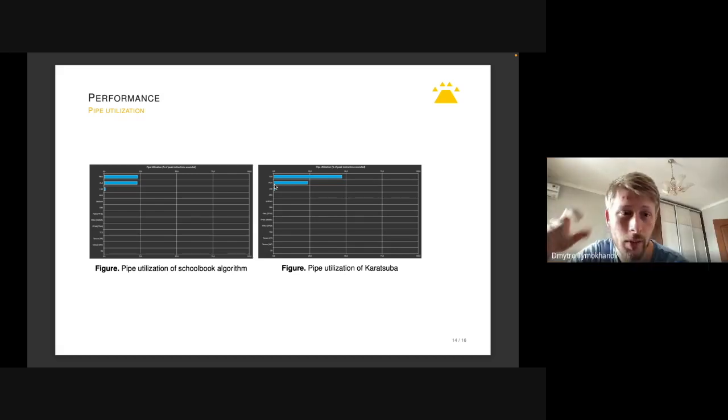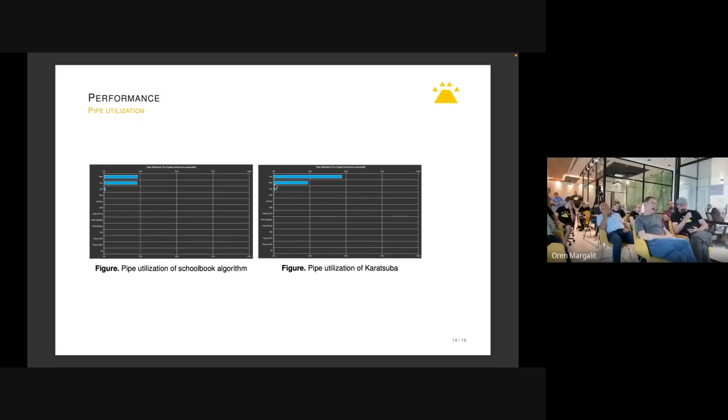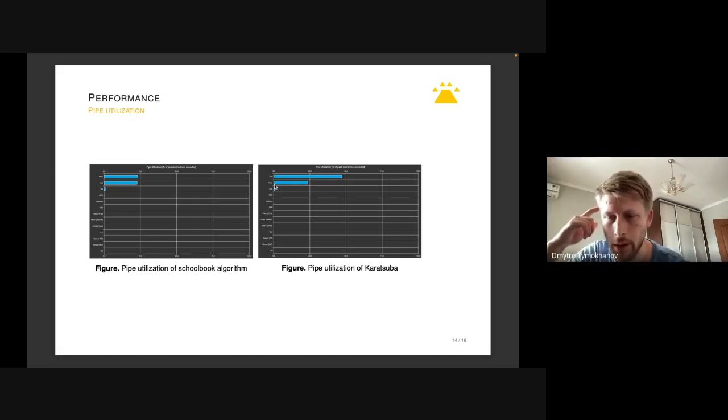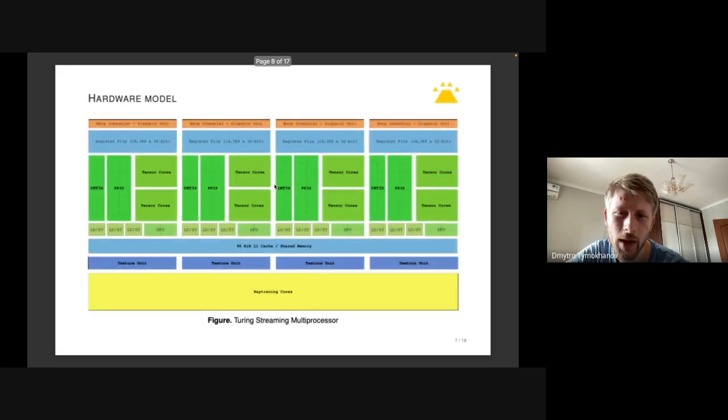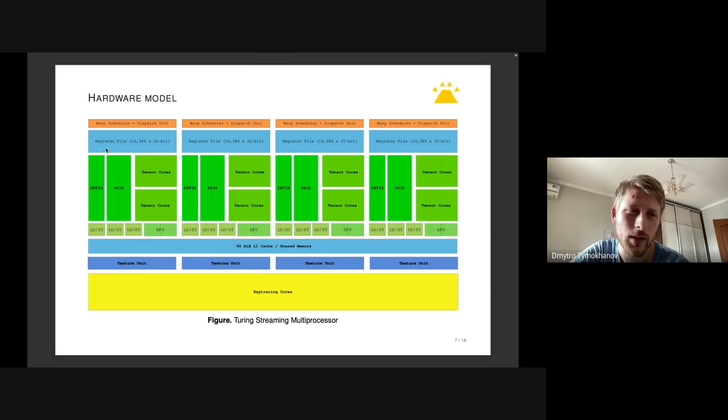But the ALU, the one that issues additions, is almost 50% for Karatsuba. So basically, if we go back to this picture, what this says is that we're using up the FP cores a quarter of the time, and the int cores 50% of the time.